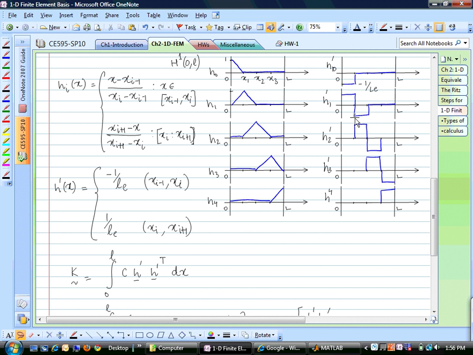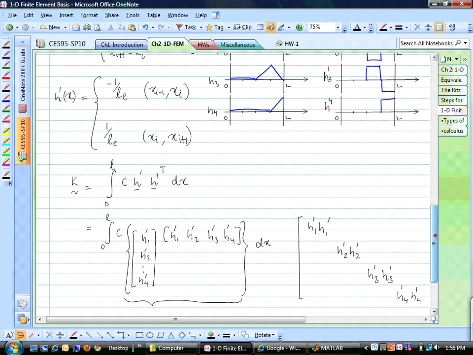So if you see H1 times H2 prime, the only common region where they're both non-zero is this element right here. So there will be a component coming from H1, H2 prime. But from H1, H3 prime, there won't be any component because H1 prime is non-zero here, H3 is non-zero elsewhere, so they don't overlap where they're non-zero.